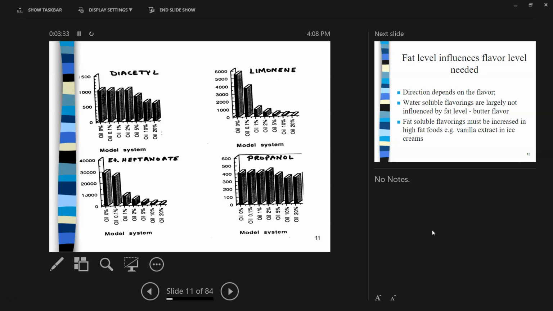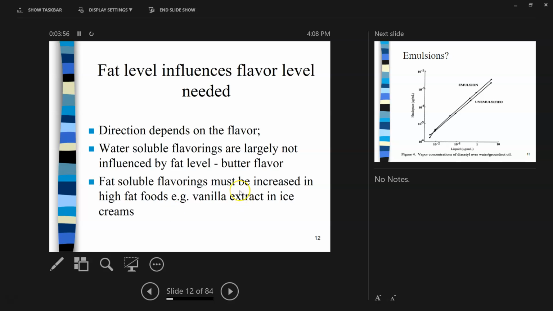Over here, propanol isn't a flavor compound, but it's just a water-soluble compound. It could mimic a flavor compound, but it's almost unaffected. So some parts of your flavor really go into fat and they disappear. Those components are lost, and other ones stay at their normal level. So really, adding fat to a system or changing the fat level in a food has a major effect upon what you taste, both in terms of intensity and in terms of character.